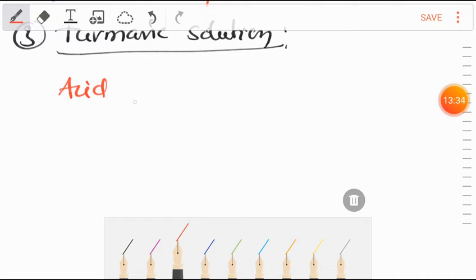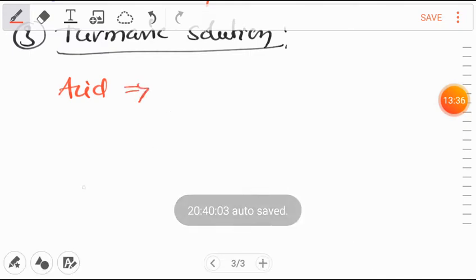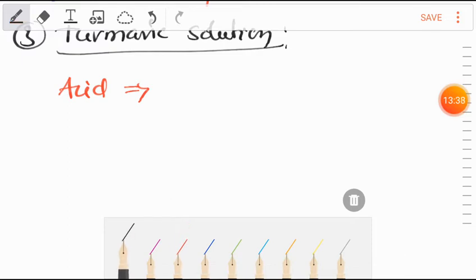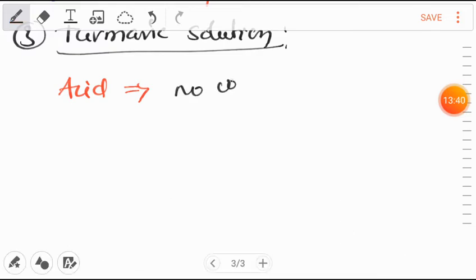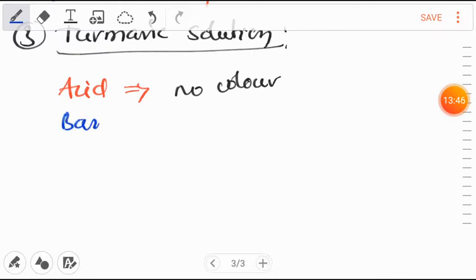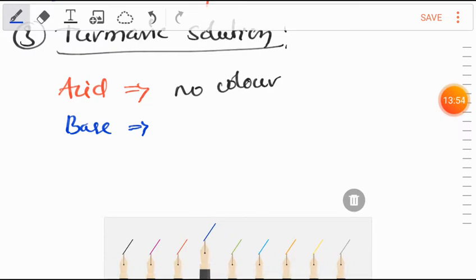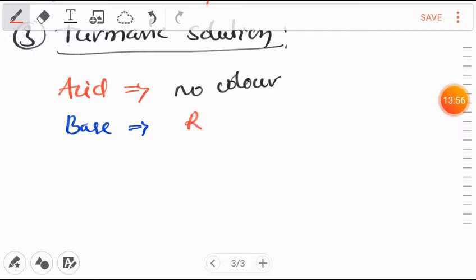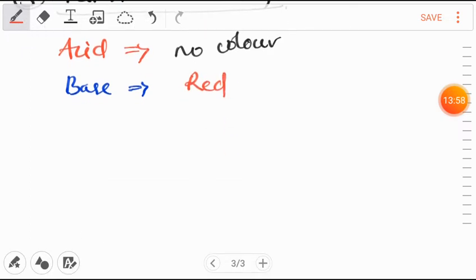So acid gives no color. In base it gives red. It is also somewhat different, you will remember.